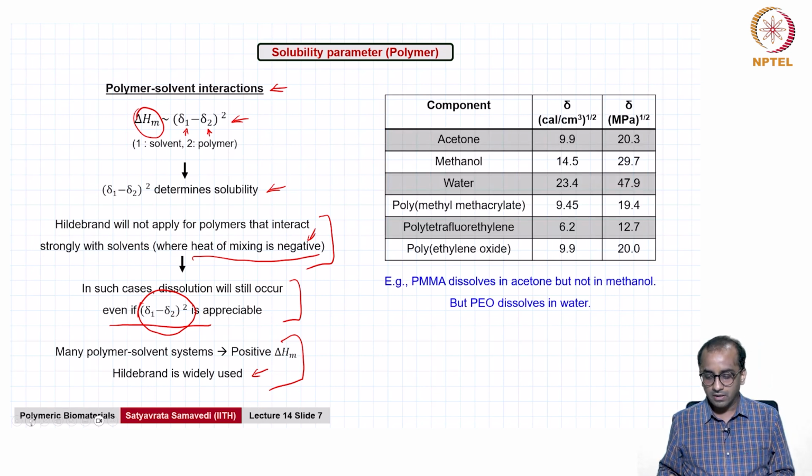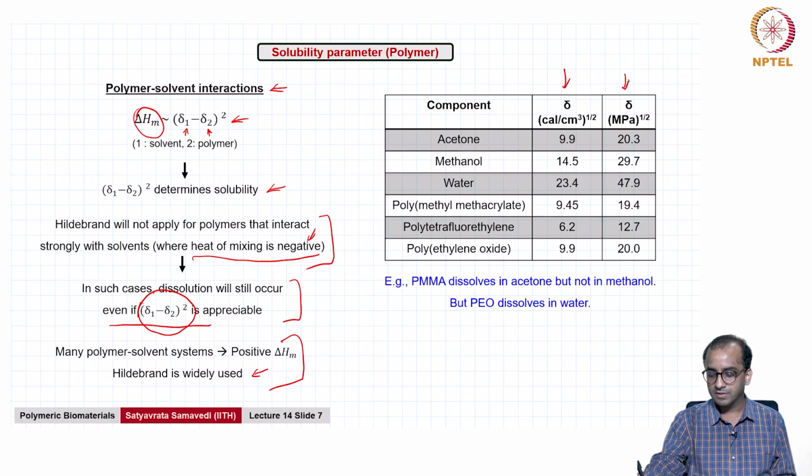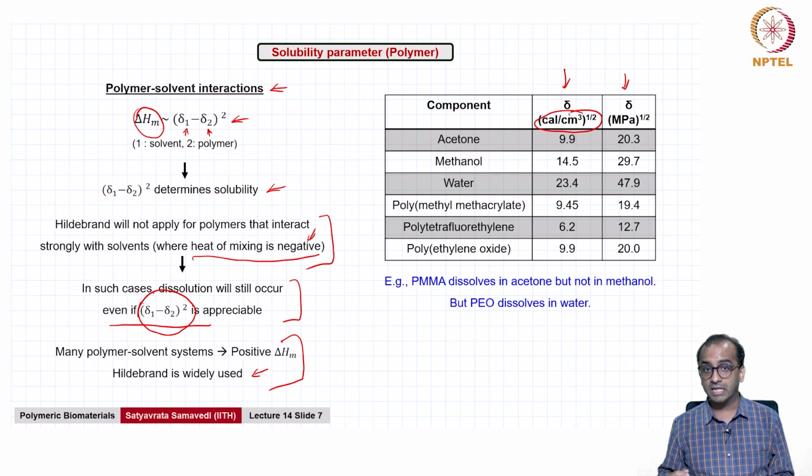So, shown here are some numbers for the solubility parameters, and you see immediately from the units why it is called the cohesive energy density.